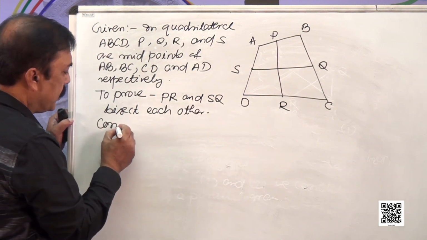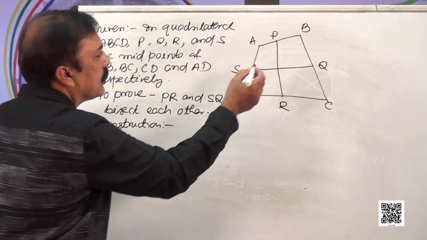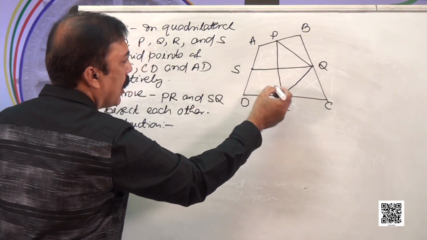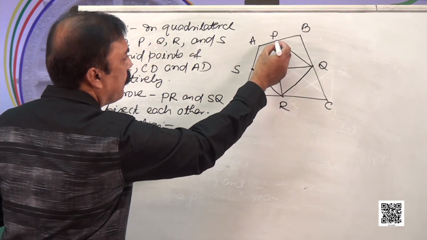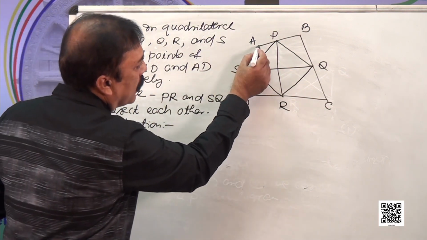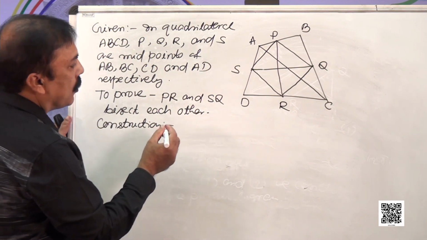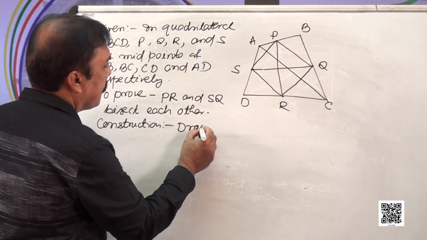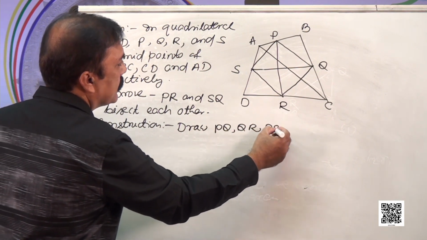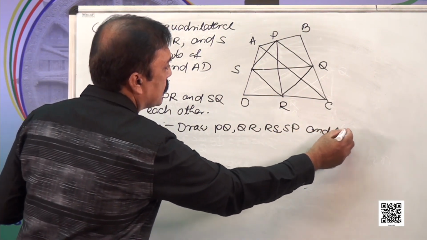So, to prove this, let's complete this quadrilateral: draw PQ, QR, RS, SP and join AC.